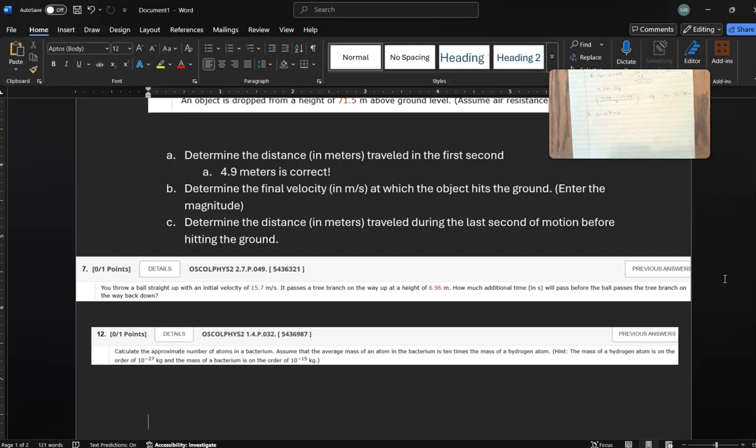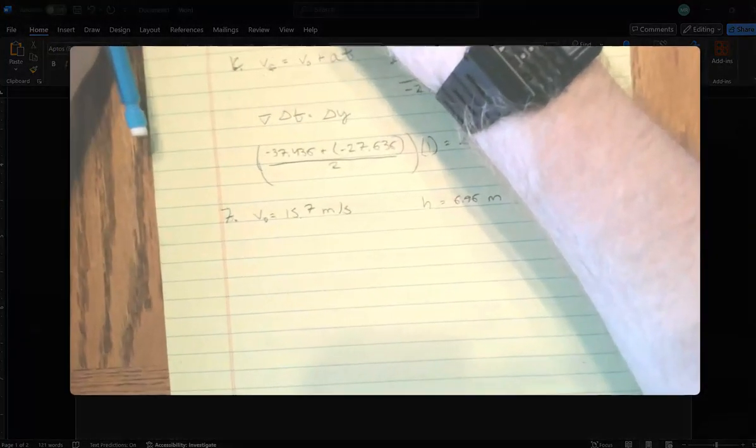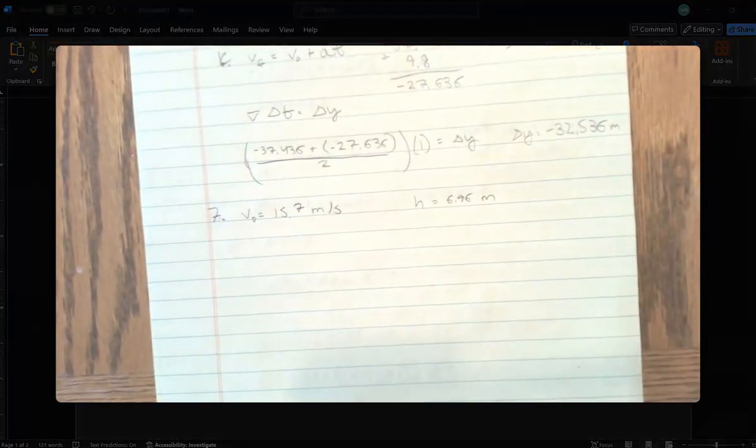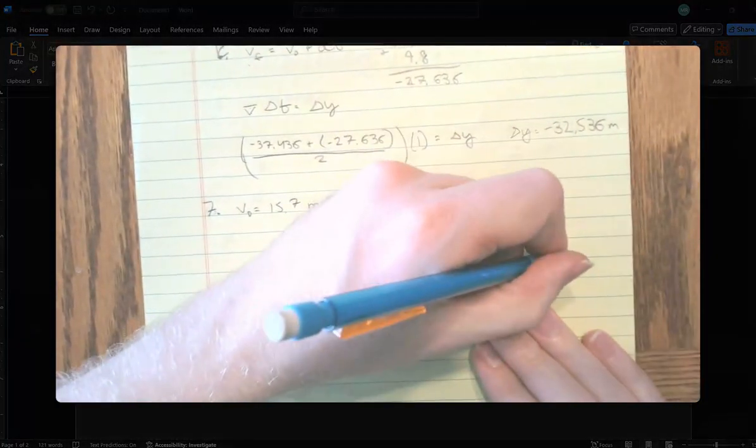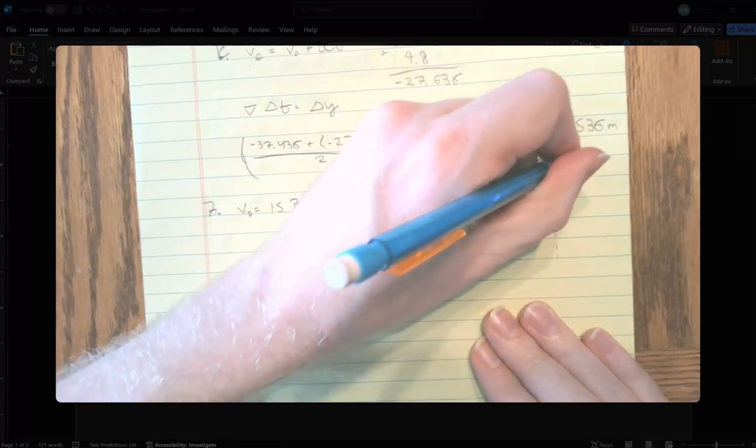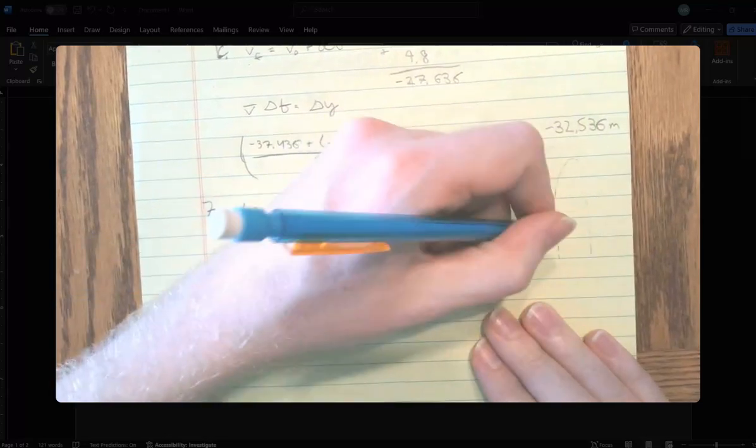And again, I'll try to stick with formulas that we are given, using the average velocity formula there. And again, I'm looking for when it passes 6.96 meters. So when you throw something up, it follows a path that's known as a parabola.